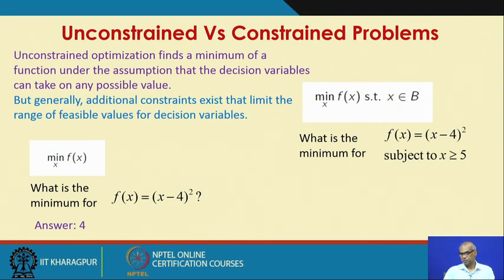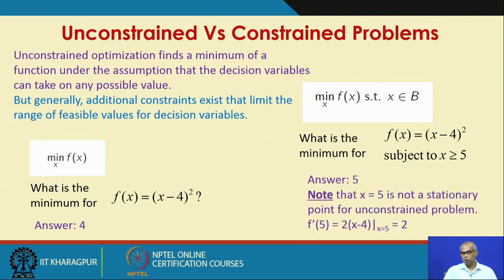What is the solution now? Again, obviously the solution is x equal to 5. At x equal to 5, the function value is (5 - 4)^2 equal to 1. Any value greater than 5 will give you a greater objective function value than 1. So, the minimum value is 1 under this constraint.